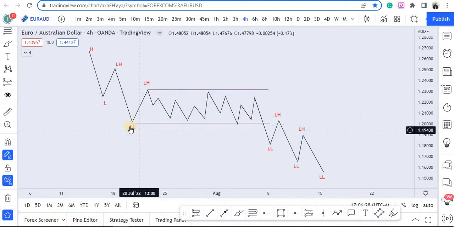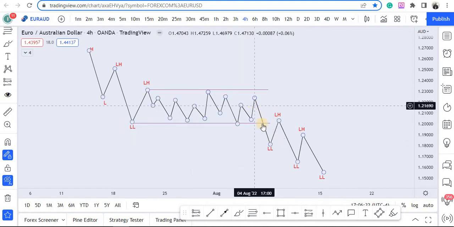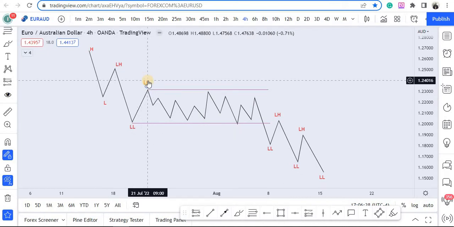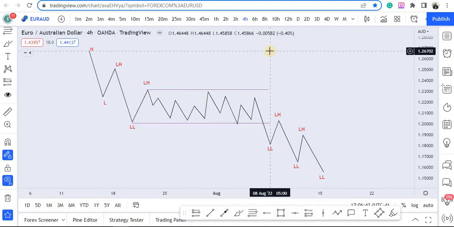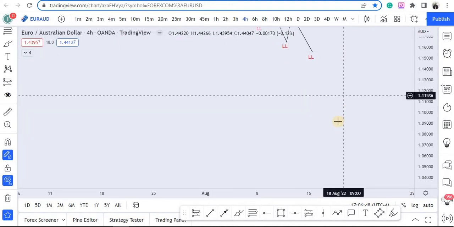You only wait until this lower low is broken or traded through before you can confirm that this is a lower high. Okay, because there could be a scenario of a reversal, right? So that's just an example of a downtrend.